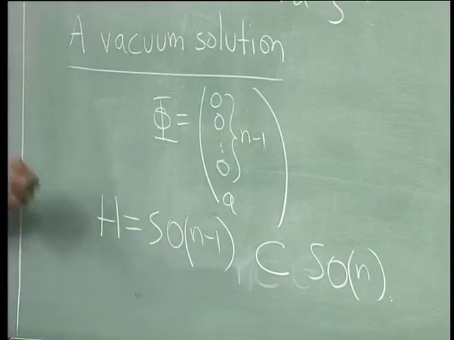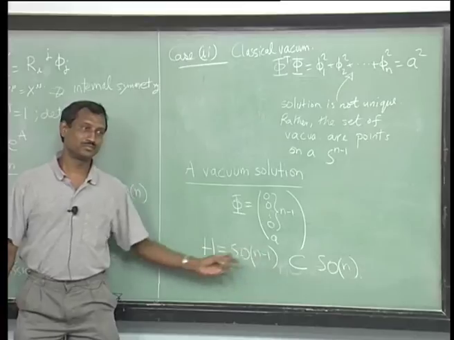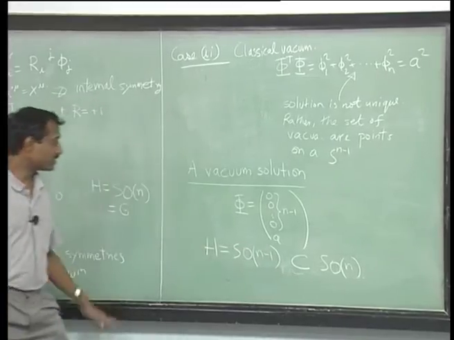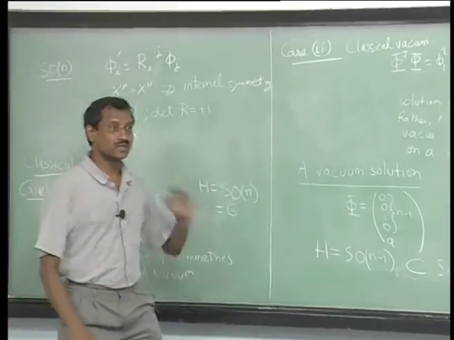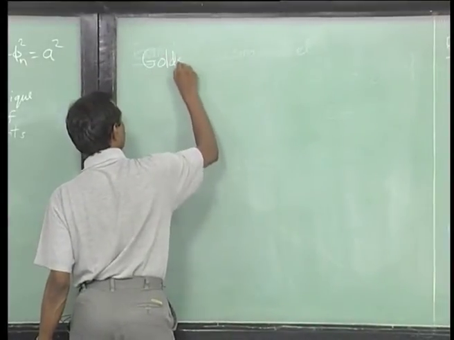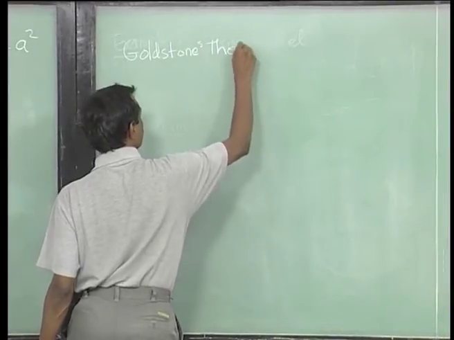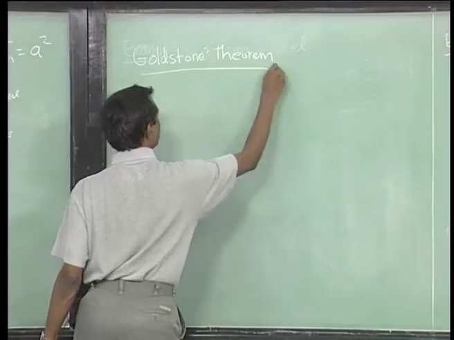This is unlike the example of the Ising model, where it is a discrete group. Okay. So, there is a very nice result which is due to Goldstone, called Goldstone's theorem, which says the following.